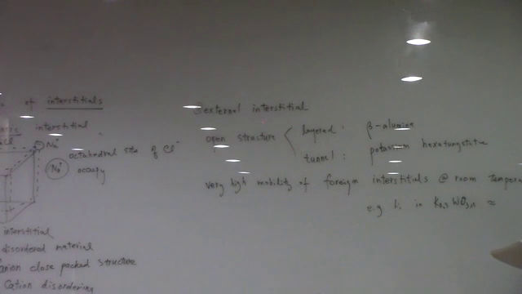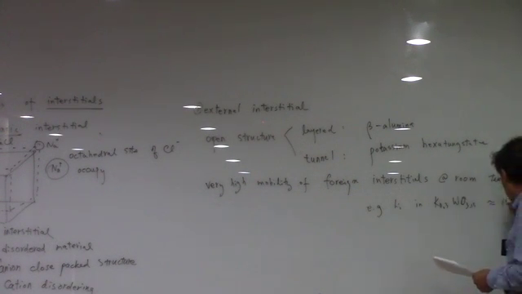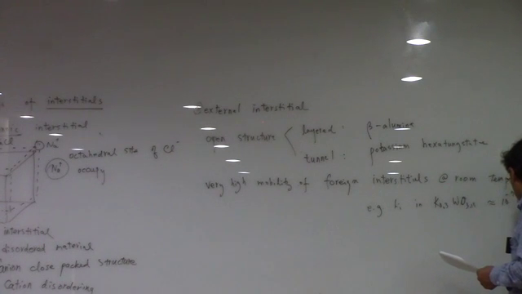And the diffusion coefficient of lithium in potassium hexatungstate is about 10 to the minus 7 centimeters square per sec. This is the diffusion coefficient at room temperature.